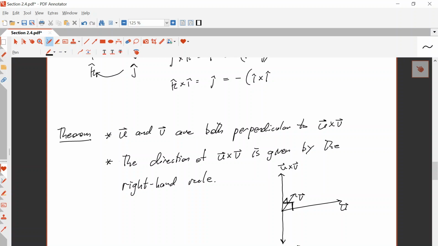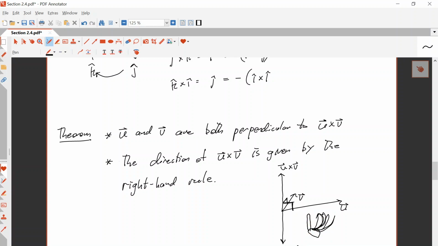And how do you get that? You use the right-hand rule. Take your right hand, even if you're lefty, and curl your four fingers in the direction from U to V. It's easier if I could show you in person, but sort of gently curve your four fingers in the direction from U to V. Now your thumb will give you the direction for U cross V. So if I curl my fingers in the direction from U to V like this, here's fingers 1, 2, 3, 4, there's the rest of my hand.